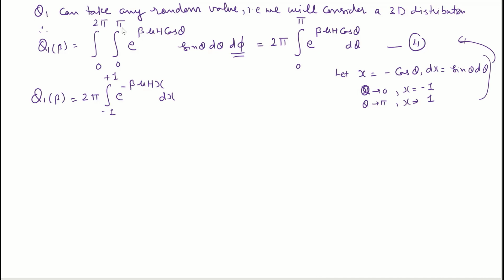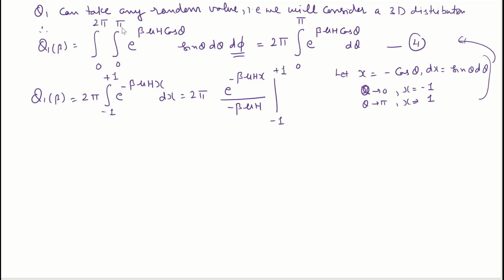That is equal to 2 pi as it is, and the integral of this exponential: exponential minus beta mu h x upon minus beta mu h, from minus 1 to plus 1.